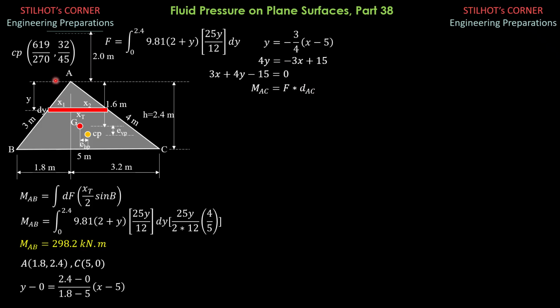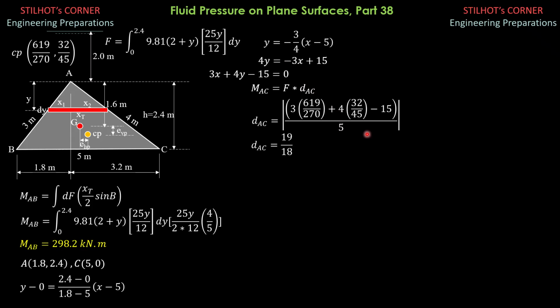And moment about axis AC is simply the force acting at CP times the perpendicular distance of CP from AC, which is, by distance formula, the absolute value of 3 times x1, which is 619 over 270, plus 4 times y1, 32 over 45, plus C, which is negative 15, over 5. So distance AC is equal to 19 over 18 meters.